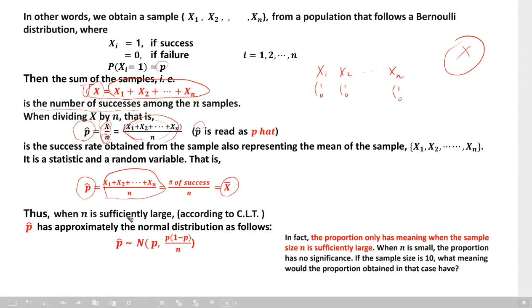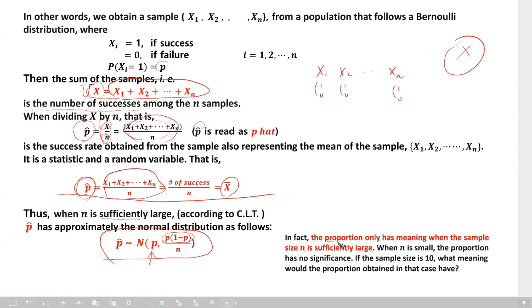So now if n is sufficiently large, then by the central limit theorem, because p hat is a mean in this specific case, p hat has approximately the normal distribution with mean p and variance the population variance divided by n, right? So p hat may follow a normal distribution by the central limit theorem.